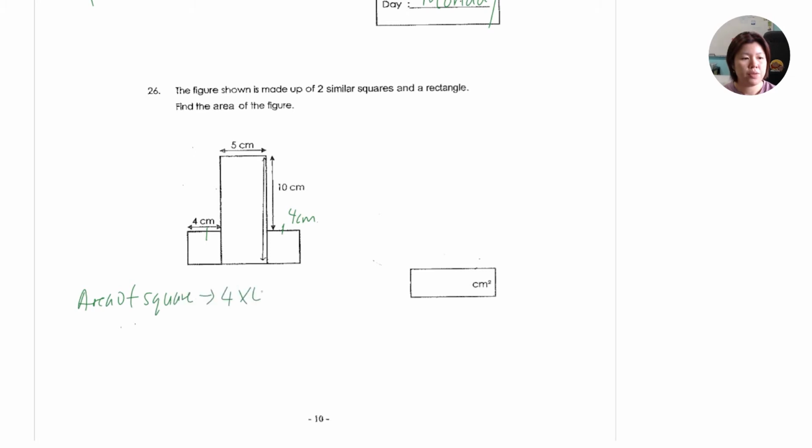Is 4 times 4 equals to 16. And that's 2, so 16 times 2 equals to 32. My rectangle, I have the breadth, I need the length, and this is 4, so my length is 14. So it's 14 times 5 will give you 70. Total will be 70 plus 32 equals 102.